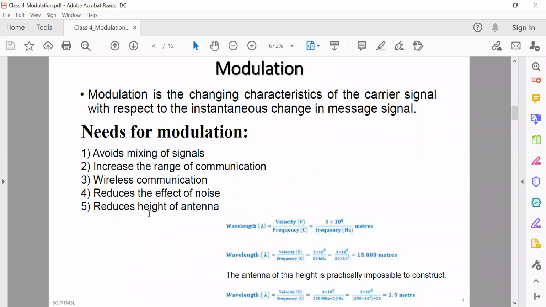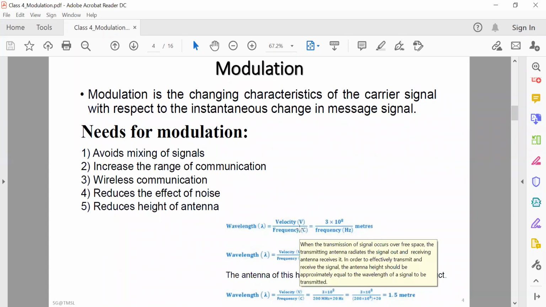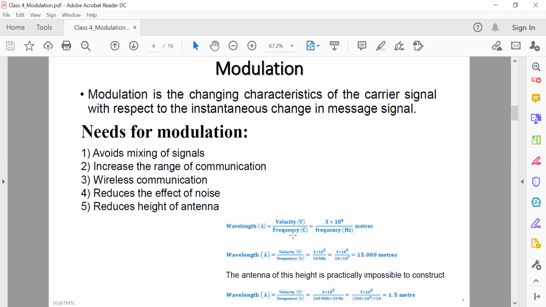Here, I have taken an example: wavelength equals velocity divided by frequency. Suppose an RF wave has been considered and the velocity of that wave is 3 into 10 to the power 8 meters per second, divided by frequency. Suppose the frequency is given as normal baseband audio signal frequencies, which is from 20 hertz to 20 kilohertz.